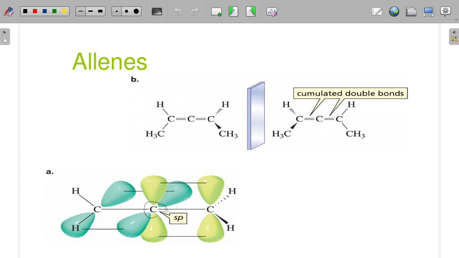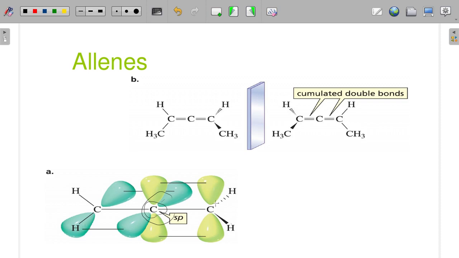Since the p orbitals on that central carbon have to be 90 degrees to each other, the pi bonds are 90 degrees to each other, and therefore these two end positions are 90 degrees from each other. And more importantly, this thing can't rotate.